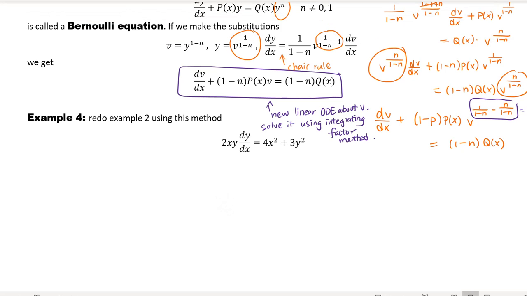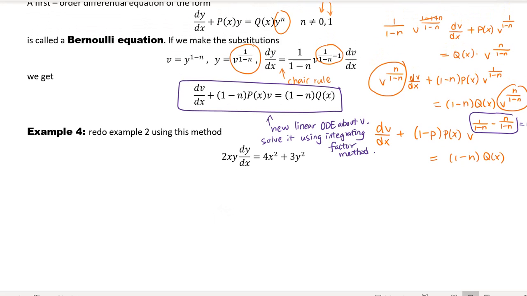Let's see. First of all, we want to express in that form of Bernoulli equation. So both sides divided by 2xy. And now let's see what happened. Oh, do you see this y squared and y cancel? And because there's one y here, this is like the linear term, we move to the left.